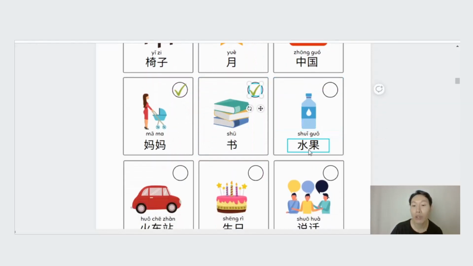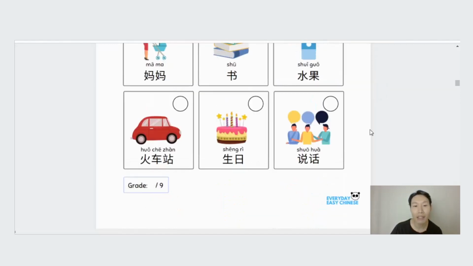Next, we have 水果. As I mentioned before, 果 means fruit. So this has got to do with fruits. However, you might be tricked because there's 水 here. 水 means water. But because together 水果 means fruit, this is incorrect. Next, 火车站. 火车站.